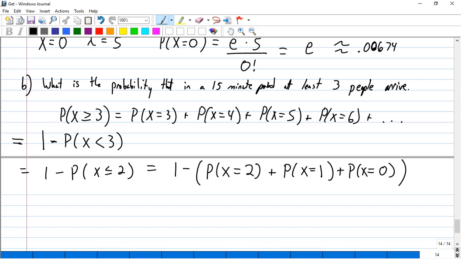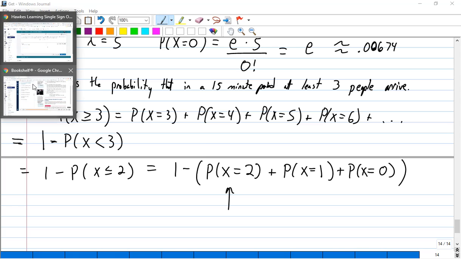All right. So we want to find the probability that x is equal to 2. We're going to use our same formula. All right, so you remember our formula.